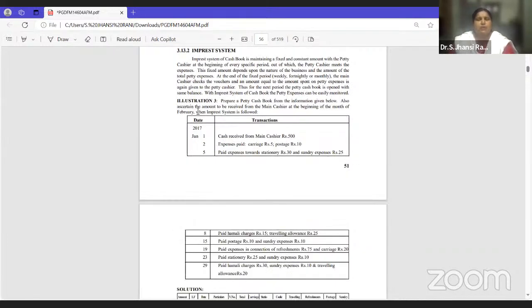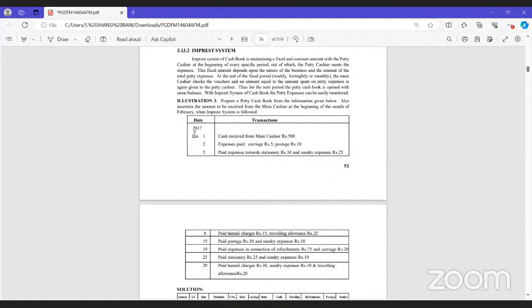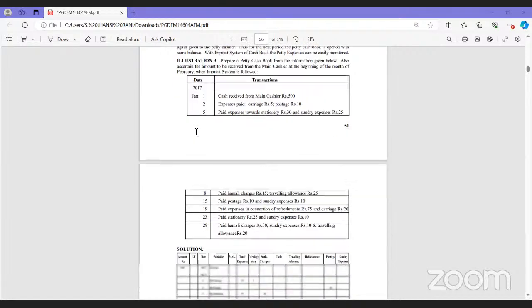Now, let us look at how we actually calculate whenever we have an imprest system. Look at the question. Cash received from main cashier 500. Expenses paid: carriage 5 rupees, postage 10. Paid stationery 30 and sundry expenses 25. Hamali charges 15, traveling allowance 25.